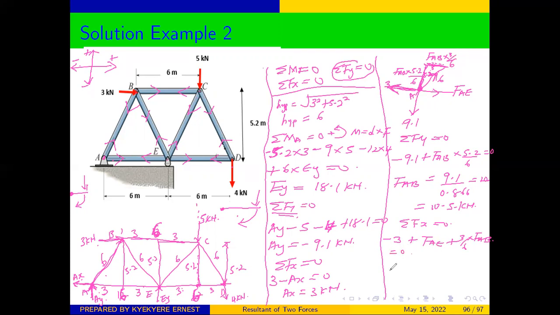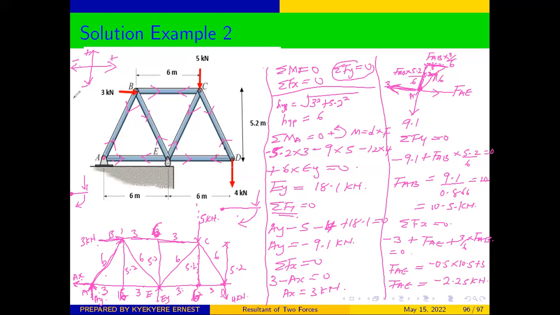So from there, FAE will be equal to -0.5 times 10.5 plus 3. And from there, our FAE will be equal to negative 2.25 kilonewtons. Good.